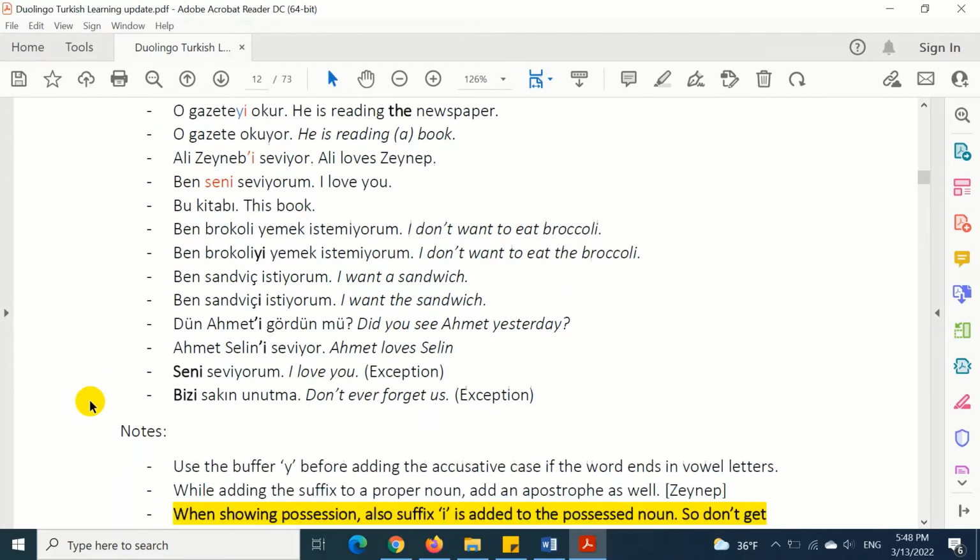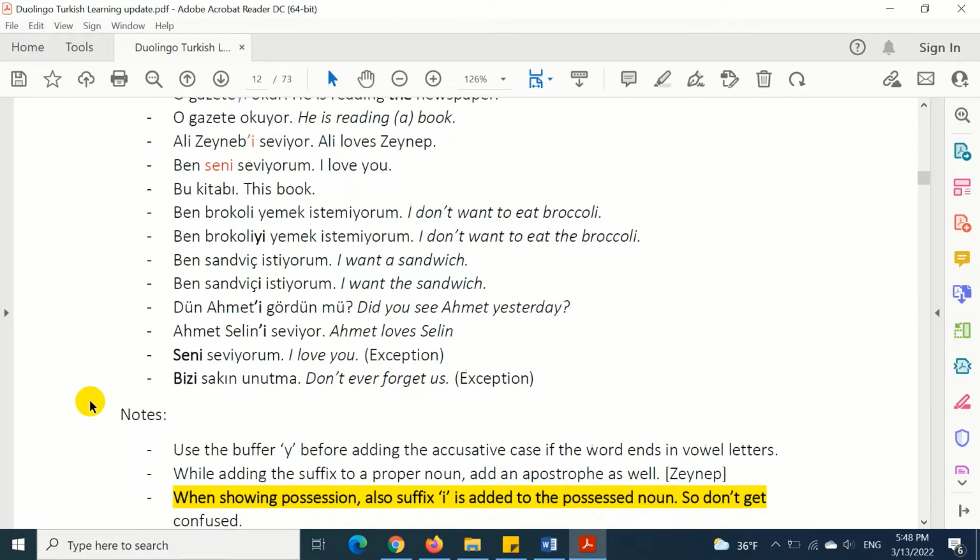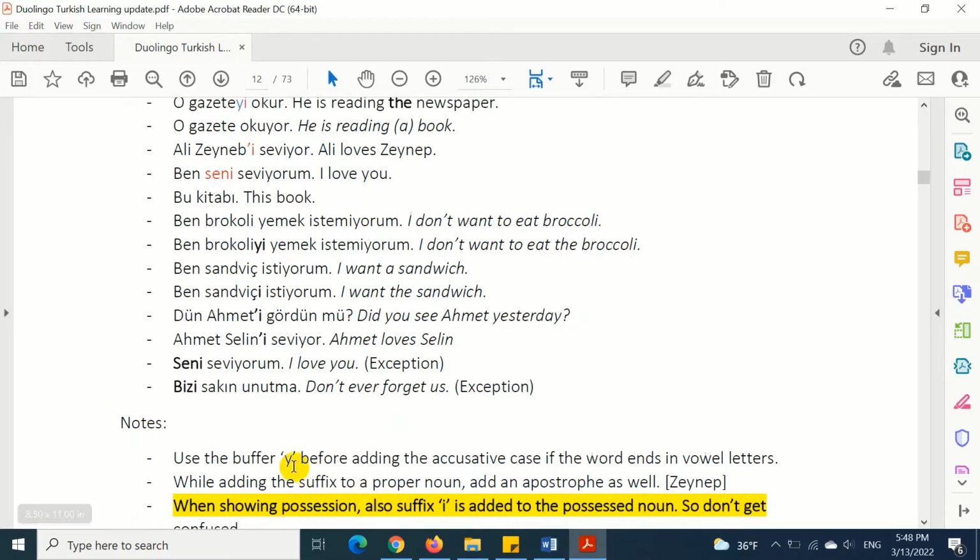And here are some general notes. You should learn them. Use the buffer y before adding the accusative case if the word ends in a vowel letter. Well, I told you there's a general rule in the Turkish language that two vowel letters cannot come after one another, so you need to add a buffer or a space there.